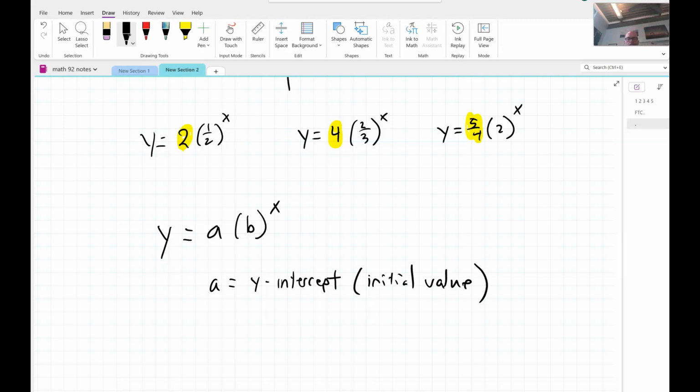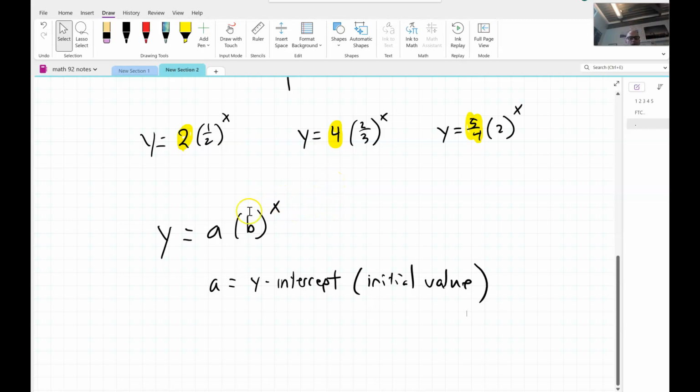Now I think this is easy to understand, because remember the way we talked about exponentials in class is that exponential growth means you start somewhere and you grow by multiplying over and over again by the same thing. So notice the way this is set up, clearly I'm starting with A and then multiplying over and over again by B. So it makes sense that A would be the initial value, or the value that I get when I plug in 0 for x, which is the y-intercept, right?